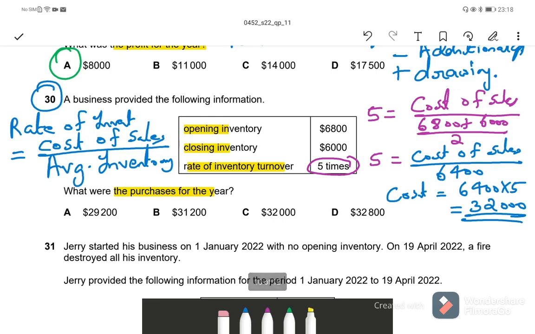Cost of sales is 32,000, so what will be the purchase?